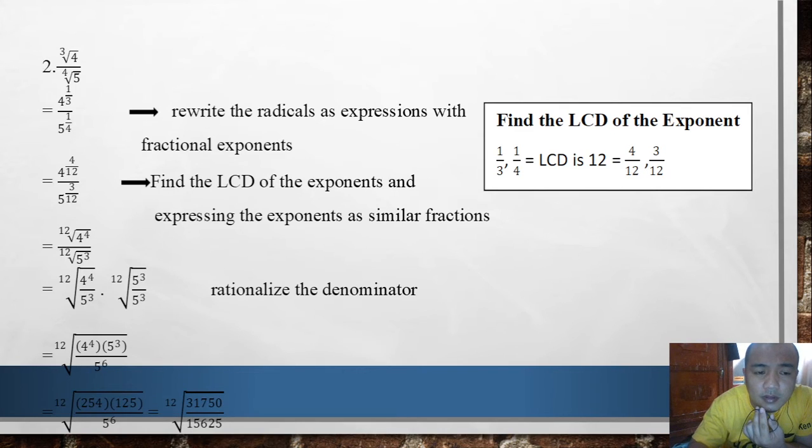So that's equivalent to 4 to the 4th power times 5 cubed, which is 31,750. Then 5 cubed times 5 cubed, that means you add the exponents, 3 plus 3 is 6, 5 to the 6th power is 15,625. So this is now the answer. 12 root of 31,750 all over 15,625.